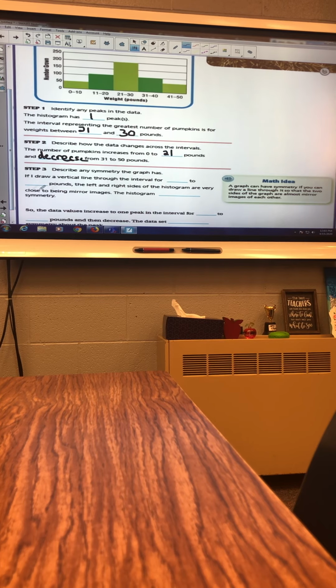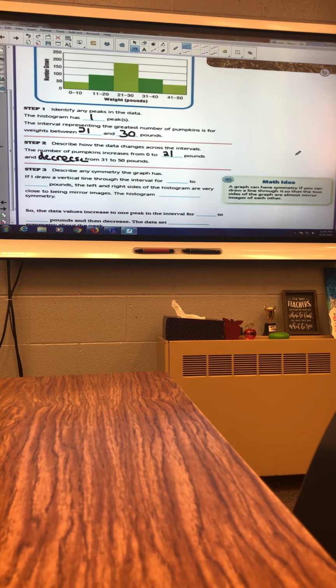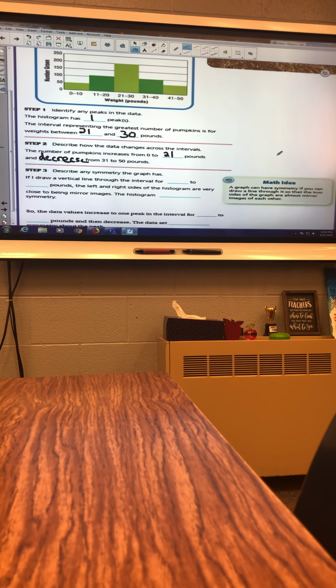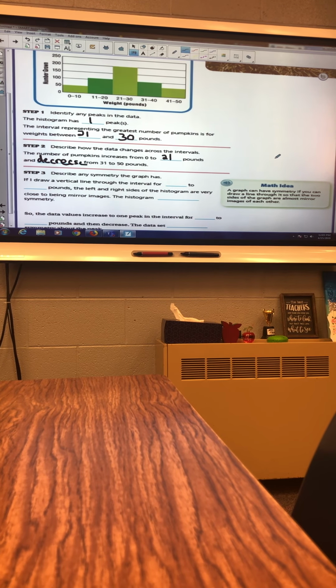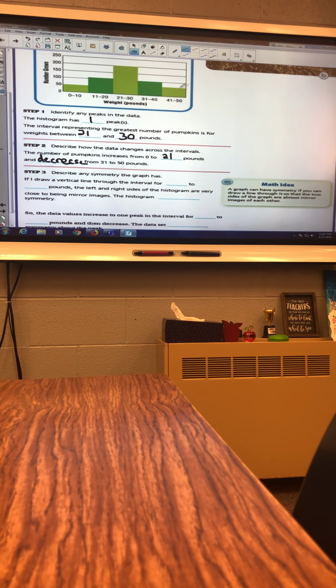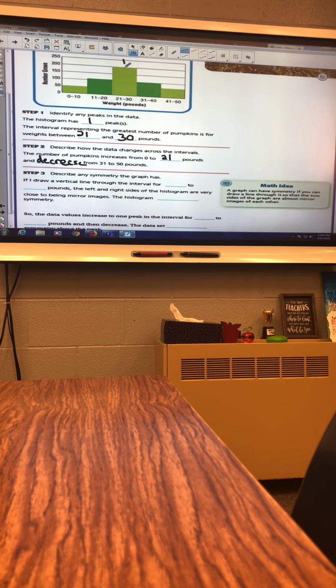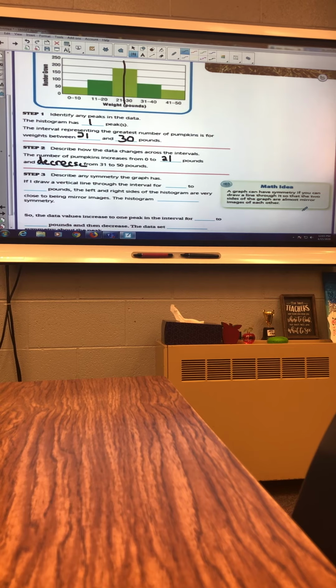Their symmetry. So boys and girls, symmetry is when something is folded in half, it looks the same on both sides. So when we're talking about a graph, symmetry doesn't have to necessarily be perfect, because if you were to fold this data in half, 41 and this one wouldn't exactly line up, but they're pretty close.